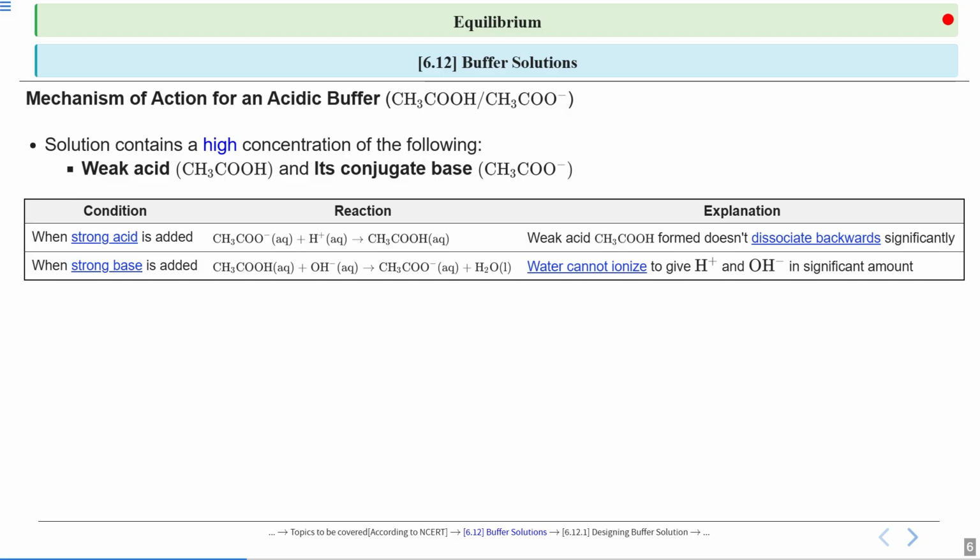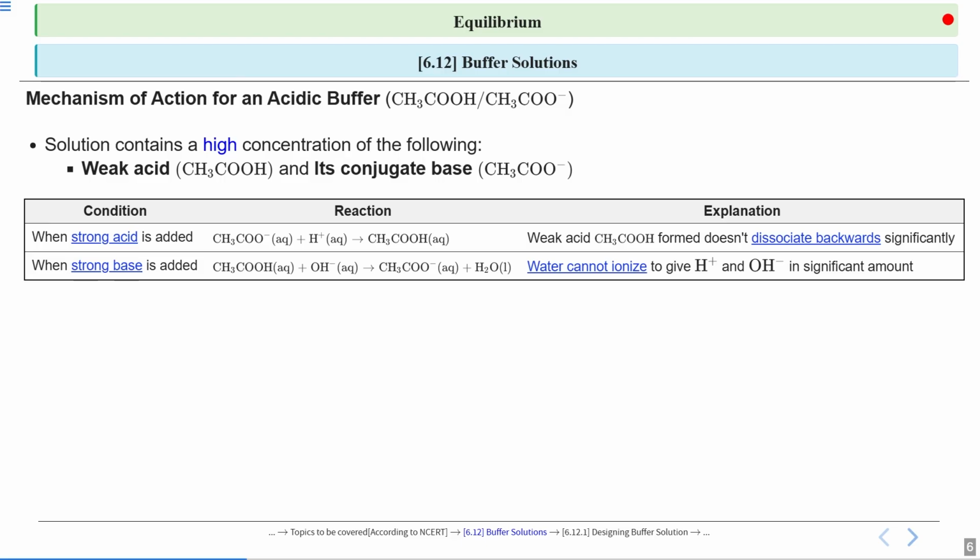Similarly, what will happen if you add a base? So that is interesting. This is important to remember because students often forget the action in case you are adding a strong base to an acidic buffer. So here what will happen? Your acetic acid will react with your hydroxide ion to produce the acetate ion along with the water. Now here you can easily see that water is a weak electrolyte, right?